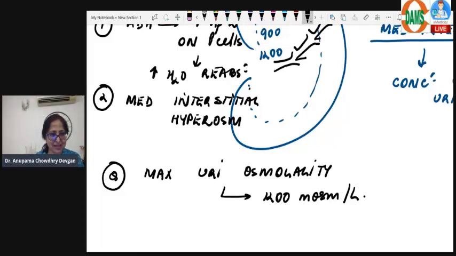It cannot be more than this, because that is the maximum osmolality of the fluid surrounding the collecting duct. Some books have said this is 1400, but the generally acceptable figure is 1200. Okay? So this can be 1400 as well.